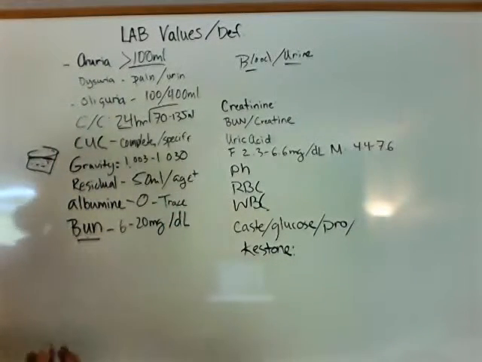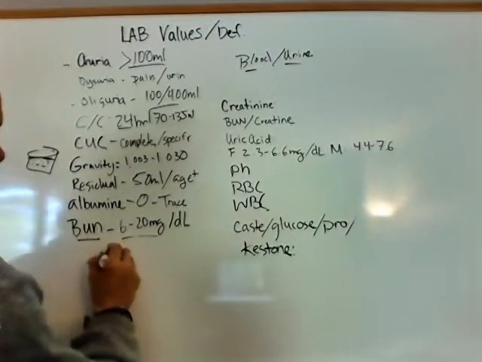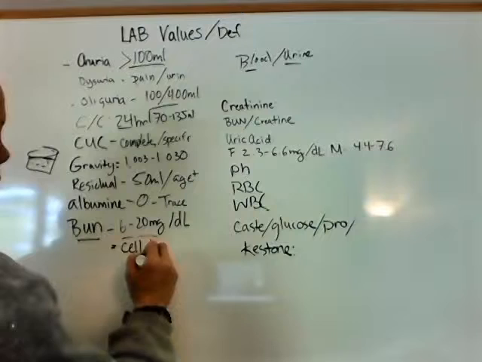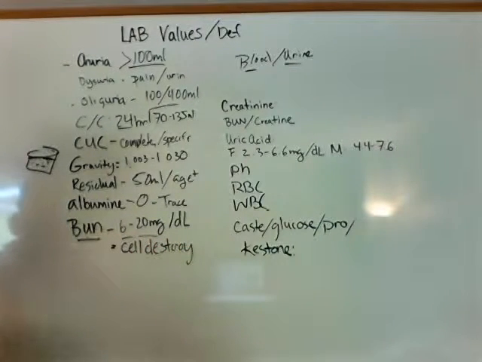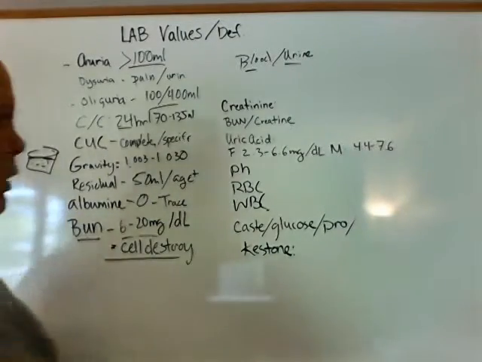Urea obviously is a byproduct of protein breakdown, and it should be going through your system. So I should have some urea in there. Again, this is volatile because depending on cell destruction, whether you had somebody that just worked out, or somebody that has trauma, things of that nature, your urea could be completely different based off catabolism or breakdown of muscles. So it could completely change.